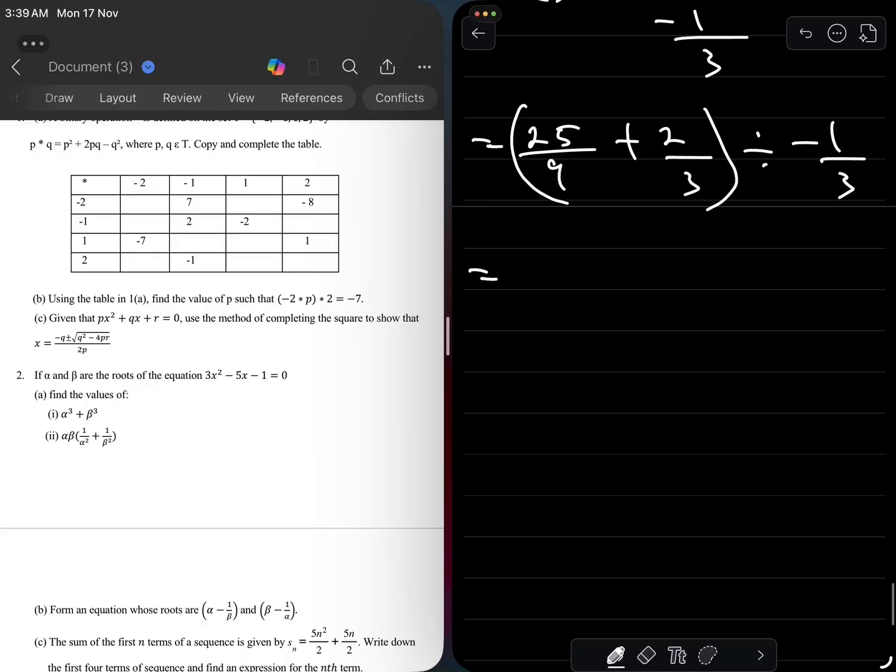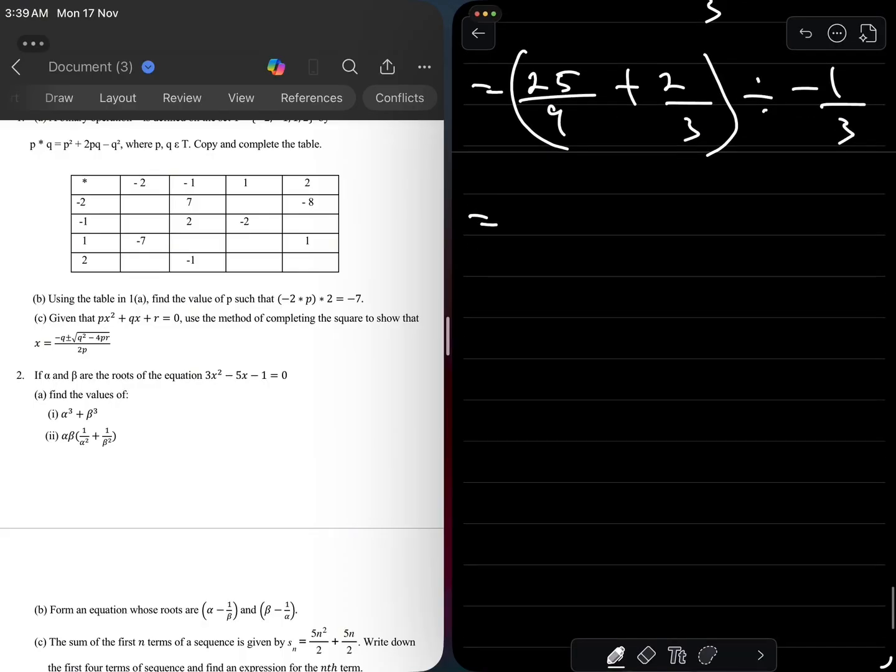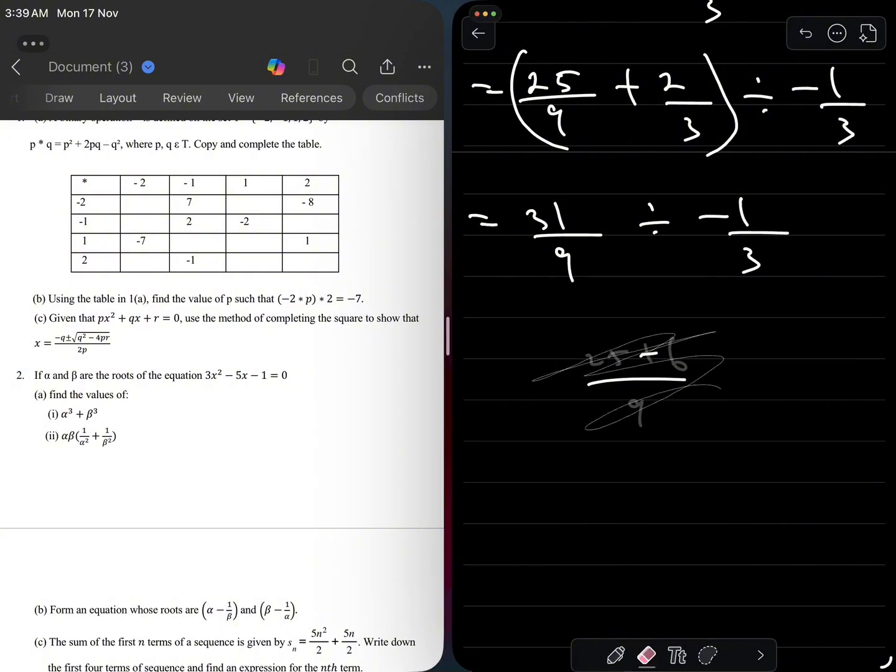What's 25 over 9 plus 2 over 3? Let's do that. The LCM is 9. This is 25 plus 3. 9 divided by 3 is 3, 3 times 2, 6. So that's 31 over 9 divided by minus 1 over 3. Let me write it properly.